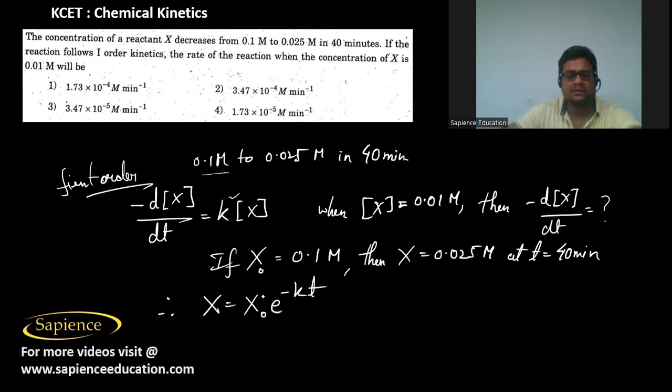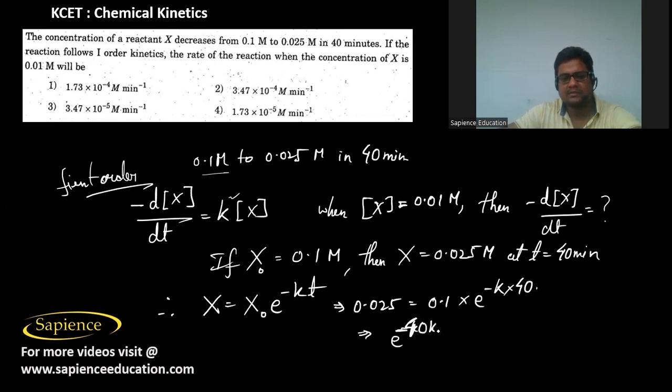So 0.025 equals 0.1 into e power minus k into 40. Therefore e power minus 40k equals 0.025 divided by 0.100.